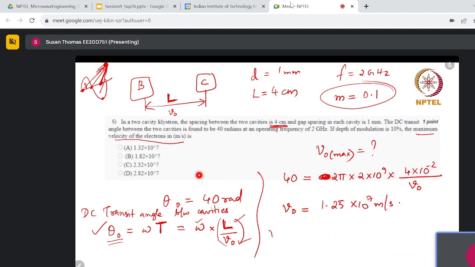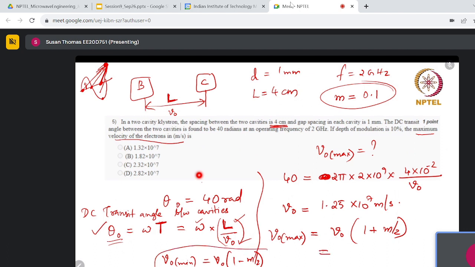Now, how do we find V naught max? Remember, in case of modulation, V naught max will be V naught into 1 plus M by 2. Similarly, V naught minimum will be V naught into 1 minus M by 2. We are interested only in V naught max, so we are not focusing on this one right now.